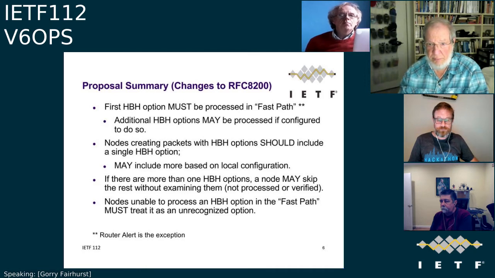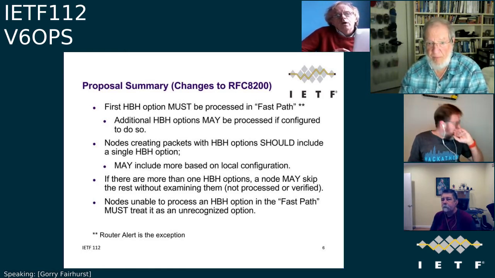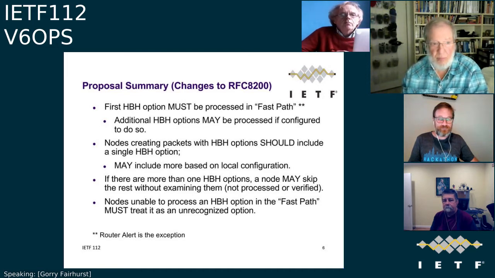There are implications here though, so carry on listening if you can. Nodes creating packets with hop by hop options should include a single one. May include more, of course, based on local configuration. And we've said that really, if there are more, then they shouldn't really concern you at the moment unless you're configured for them. So this is a big change in the way we're thinking about how this will be used.